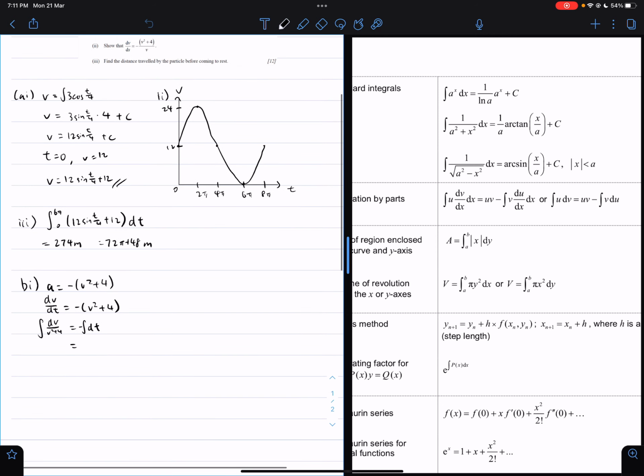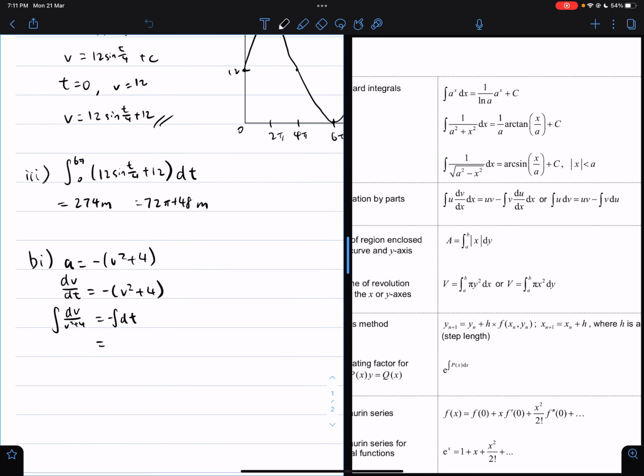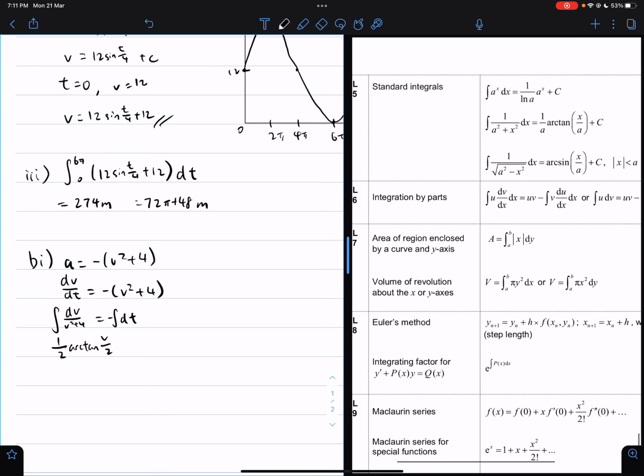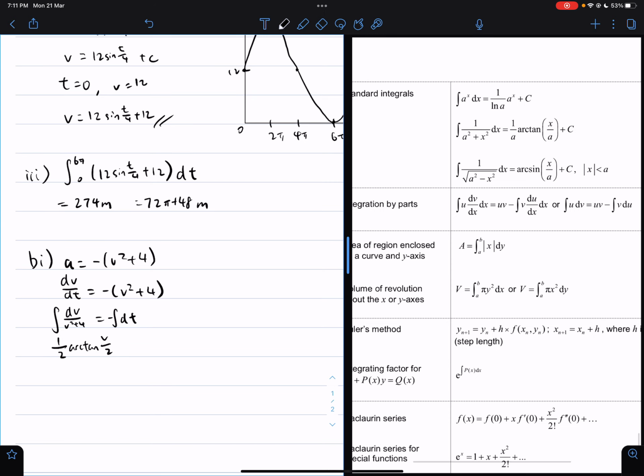So we're going to rewrite it as 1 over 2 arctan v over 2, as seen by the second equation in the standard integral part. And on the right side, we can integrate it and it becomes negative t plus c.